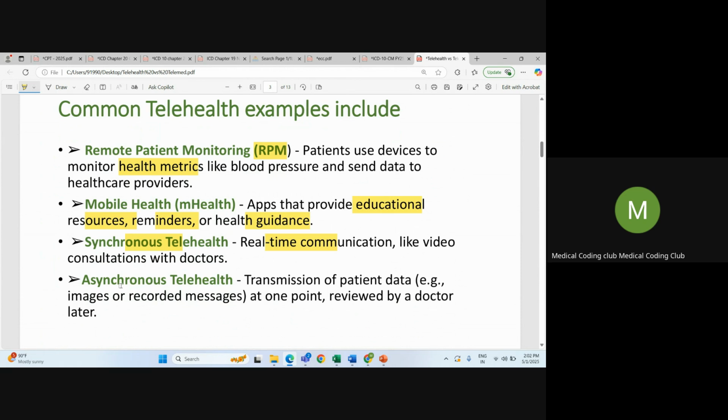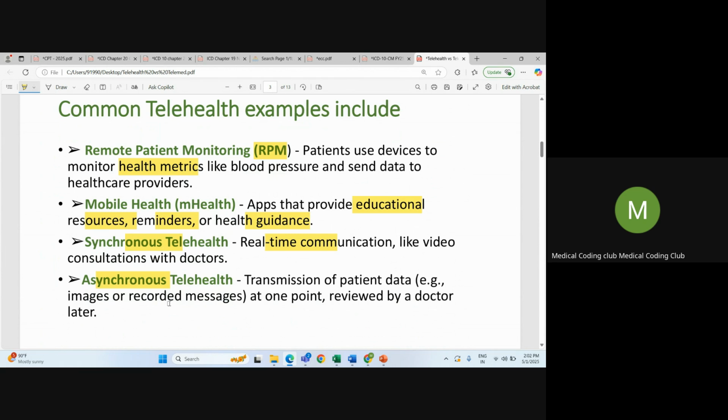But when it comes to asynchronous, you cannot have a real-time conversation with the doctor. Whatever concern, images or request you have, it will be stored and then transmitted after a certain time or certain days to the doctor, who will review it. Whenever the doctor reviews your report or the images you uploaded, he will give his opinion and respond.